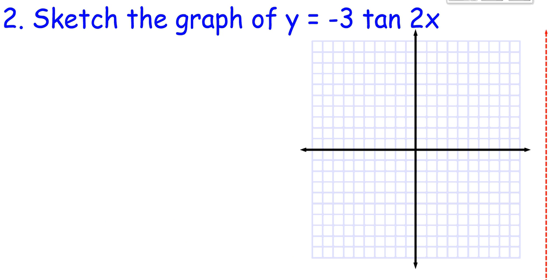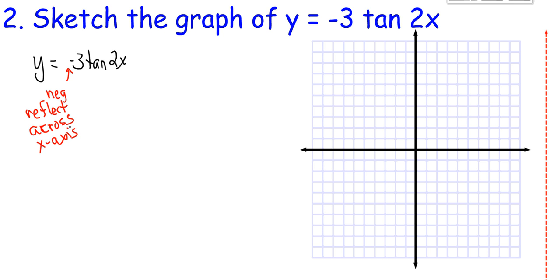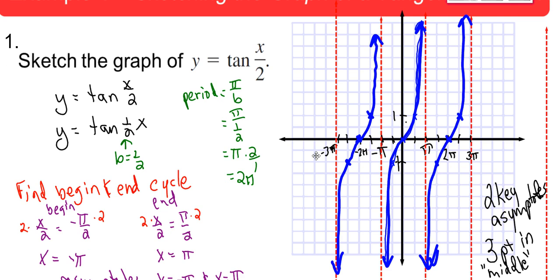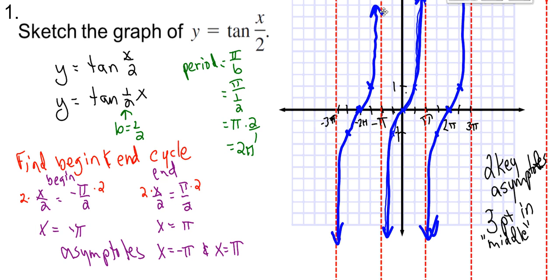And now we're going to sketch the graph of y equals negative 3 tangent 2x. So y equals negative 3 tangent 2x. Now, a couple things are happening here. So the negative, it's reflected across the x-axis. So I'm going to go back to this previous problem and say if we reflect that, it would go like this.